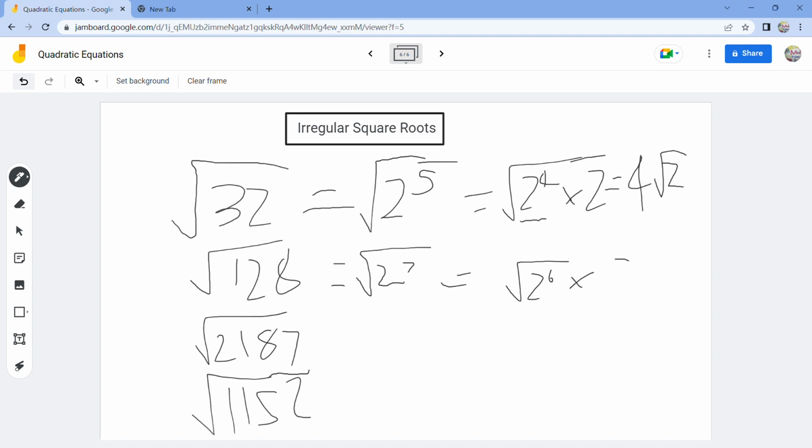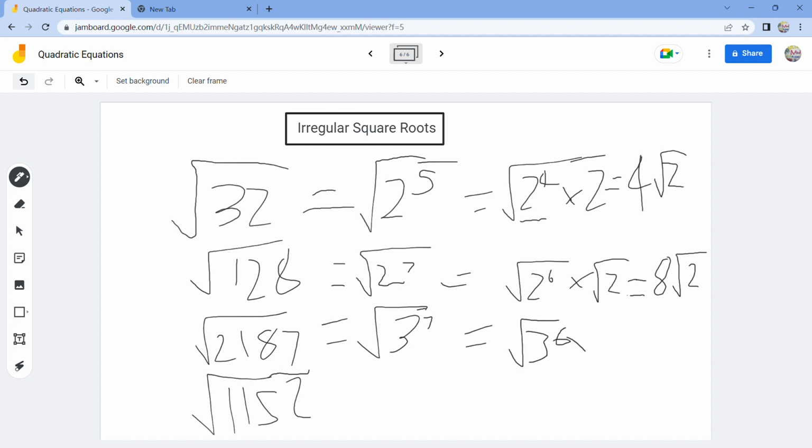Now the square root of 128 is the square root of 2 to the power of 7, which is the square root of 2 to the power of 6 times the square root of 2. So what's the square root of 2 to the power of 6? That'll be the square root of 64, which is 8, times the square root of 2. Okay, so that is for 128.